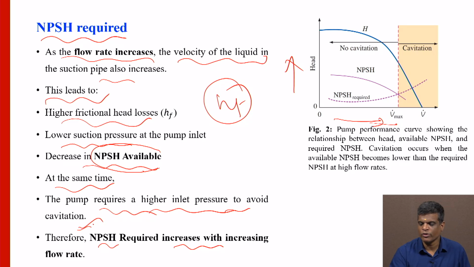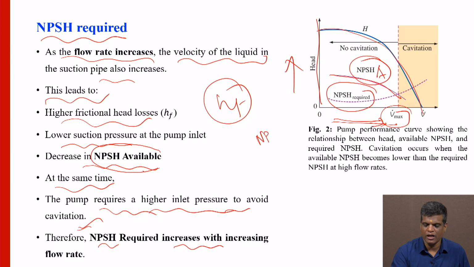So finally it increases. You can see the graph here, this is the volumetric flow rate, and the other axis is the head. One curve is the net positive suction head available, NPSH A, and the other is NPSH required.